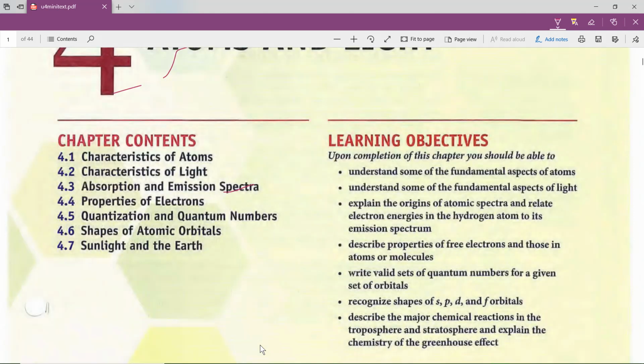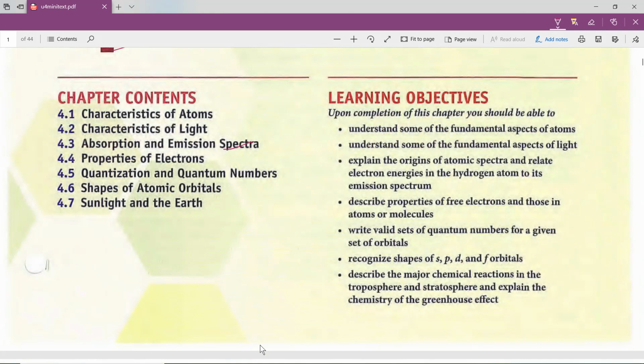Okay, so we're going to see some learning objectives: understand some of the fundamental aspects of atoms, light, atomic spectra, electron energies, properties of free electrons and those of atoms and molecules, valid sets of quantum numbers, recognize shapes of s, p, d, and f orbitals.